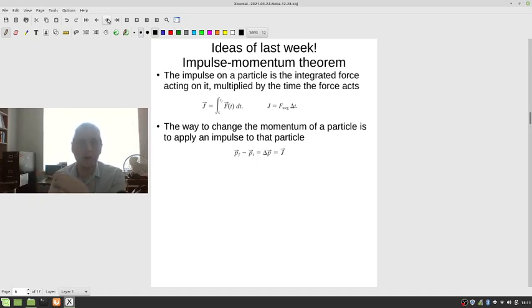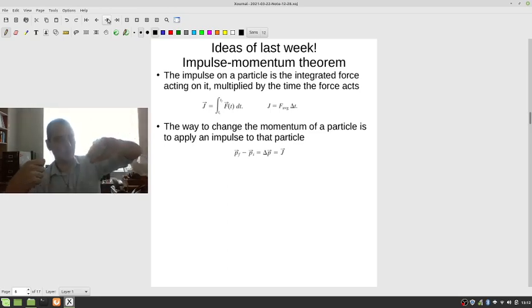And if you think about it, the reason this is a good update to our language, in chapter 8 we had just been talking about energy and work, and that's not a super way to get a handle on what's happening when an object changes direction. Because if I have an object coming this way and I push on it, I'm doing negative work on it because I'm going to be slowing it down.